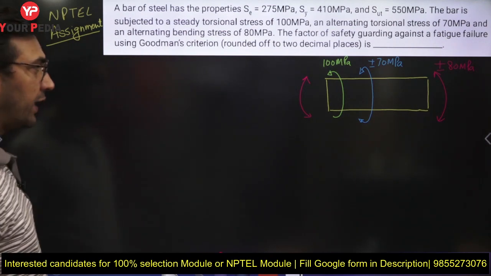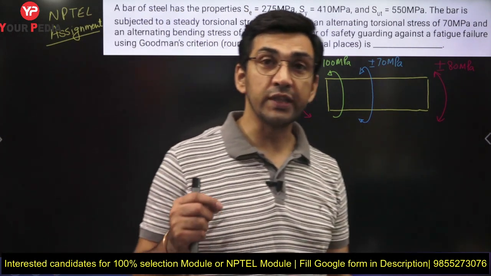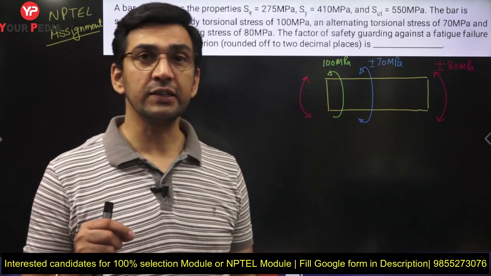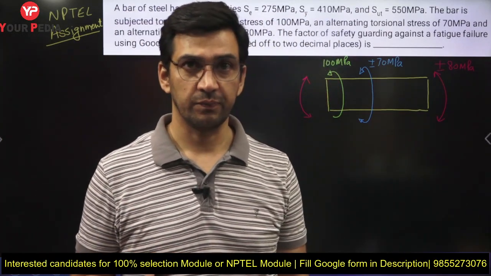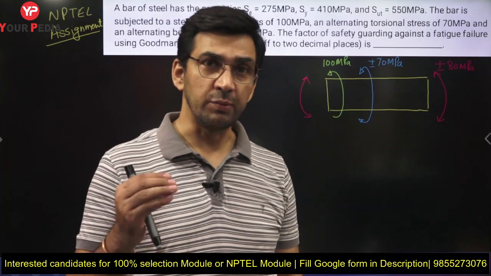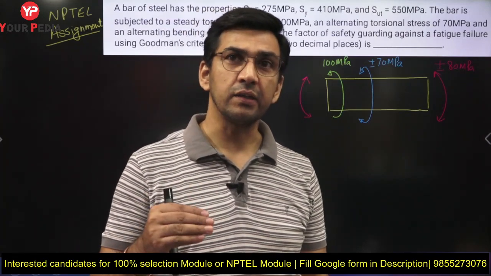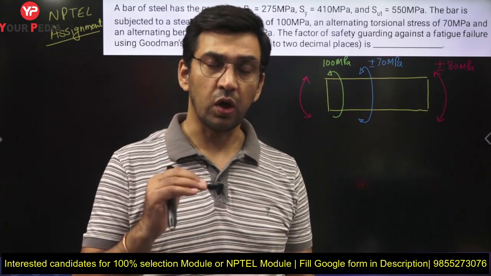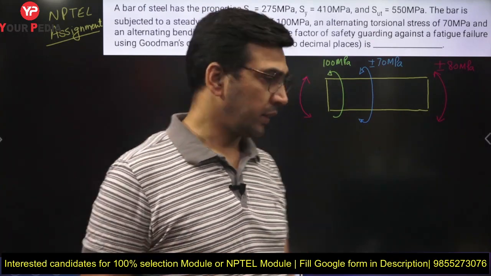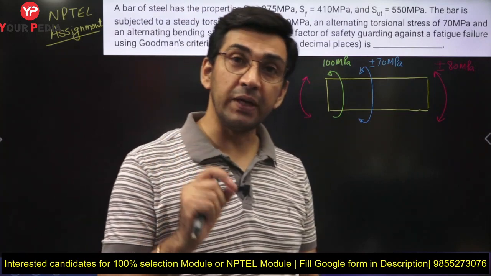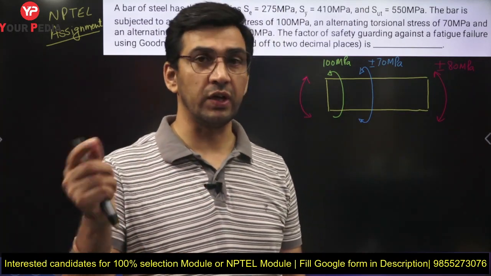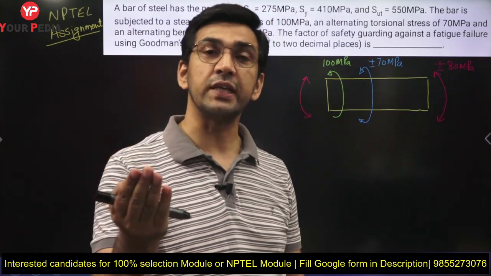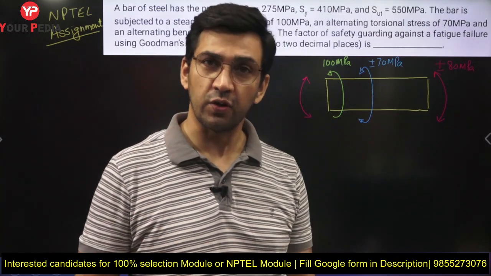First of all, how do you design a component when it is subjected to fluctuating stresses, that is, when it has a mean value of stress as well as a stress amplitude? If it is subjected to completely reversed stresses, we go ahead with the SN diagram, or we design it based upon the endurance limit.